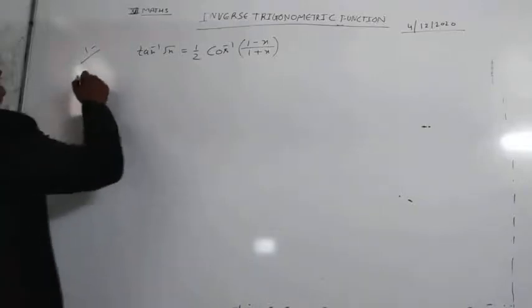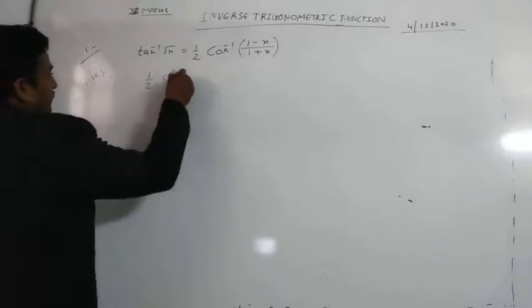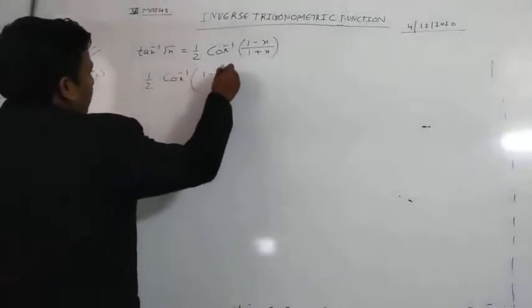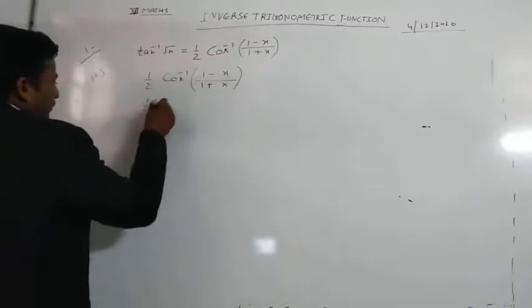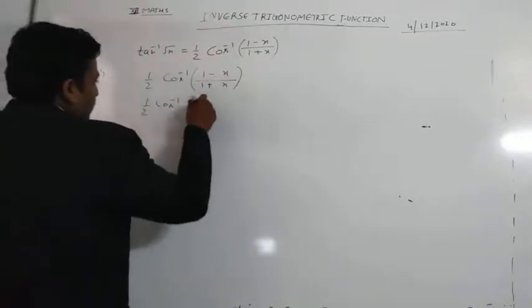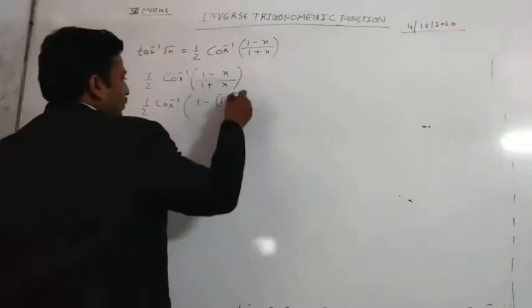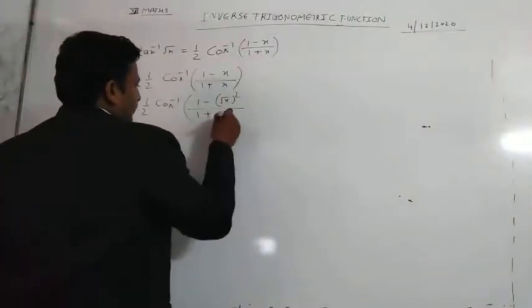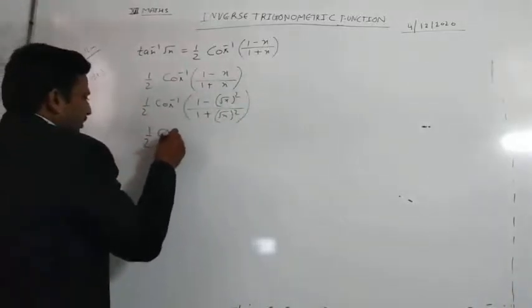Now we will take the right hand side and prove it. 1 by 2 cos inverse (1 minus x) by (1 plus x). Now in this, 1 minus x we can write as (1 minus root x whole square) by (1 plus root x whole square).